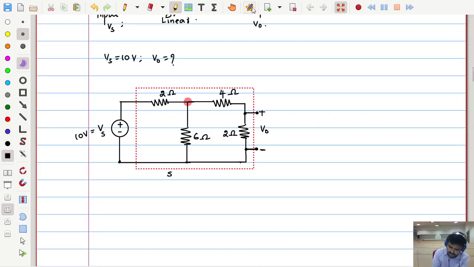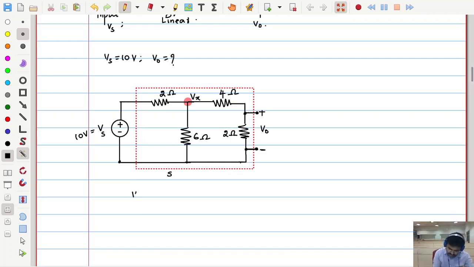So let me take nodal analysis. Let me take this node voltage as Vx, the unknown node voltage. Then simply write down the node KCL equation.